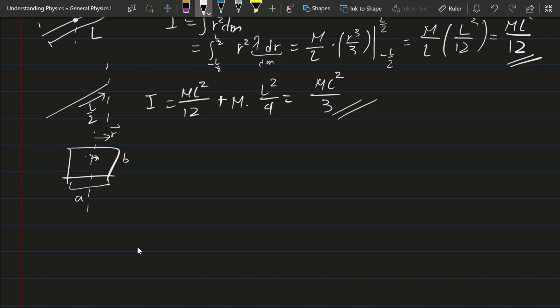So for a very small r in here, I will try to figure out what's the total mass of this entire slice, which should be constant. So if I have the total mass to be M, this must equal the density, which I will call sigma because it's a surface density, multiplied by the total length.